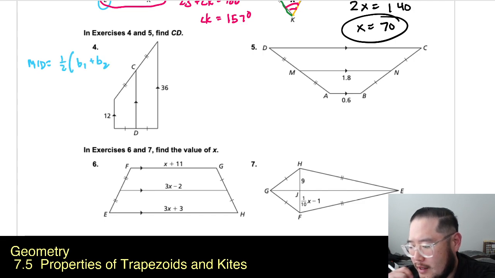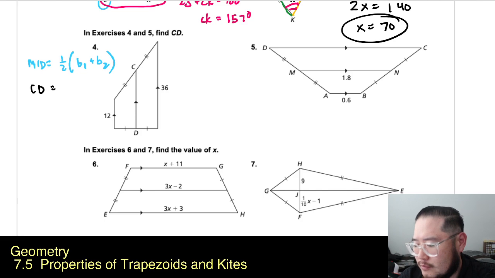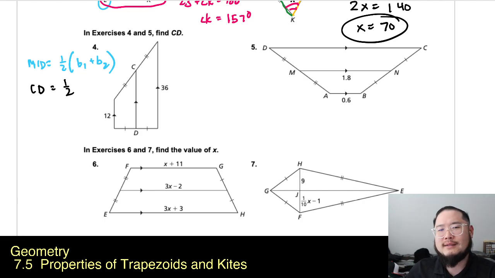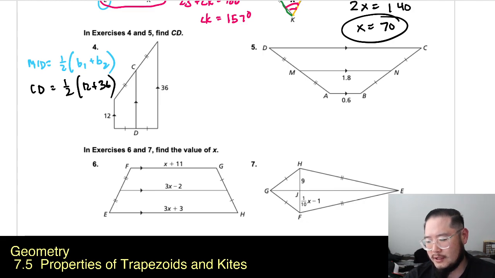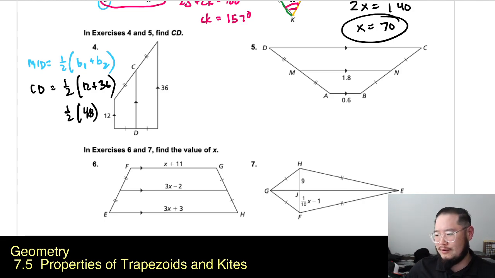Since I know what the bases are, one of them is 12 and the other one is 36. If you know the equation, that makes things a lot easier. So we take 1/2 times 12 plus 36, that's 48. And half of 48 gets us CD, which equals 24. And just like that, there you go.